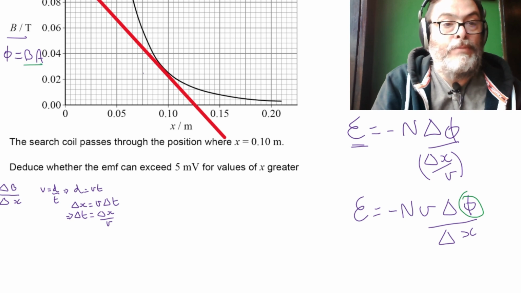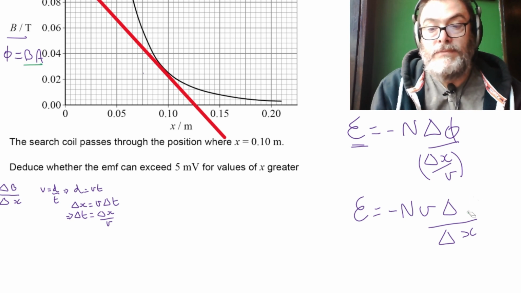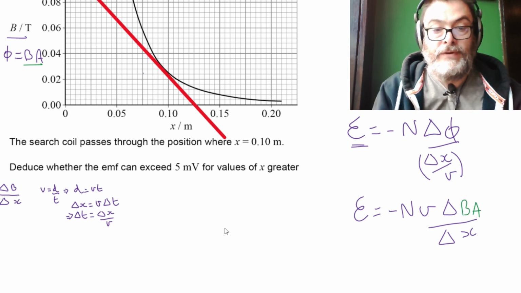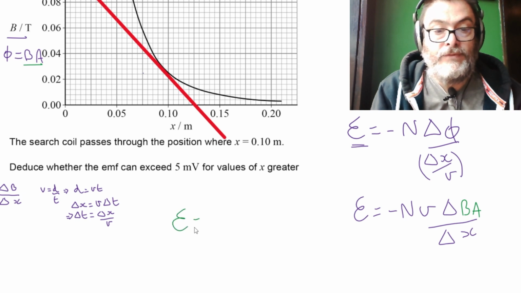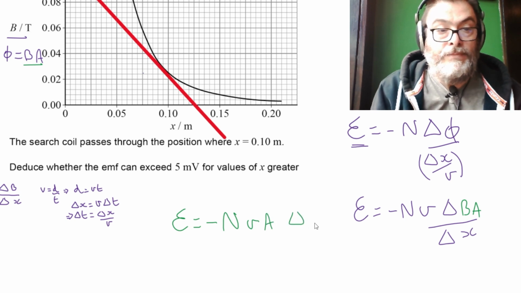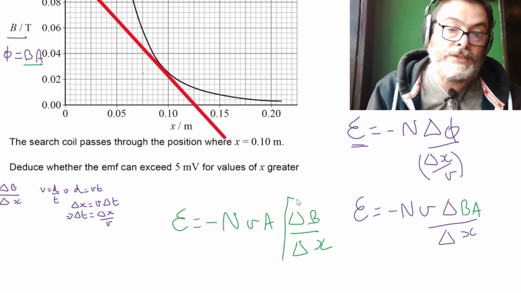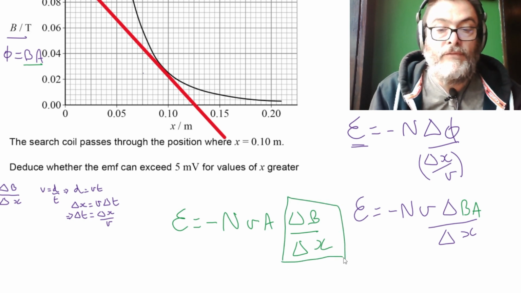We're going to write BA, and we know A is a constant, so we can take that outside of our expression. That gives us that EMF is equal to negative n v A delta B over delta x, and of course this is the gradient of our red line.